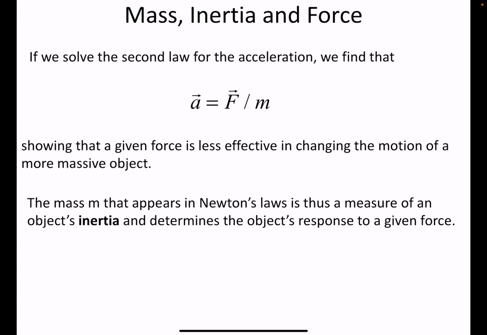If we rearrange the second law to be a equals force divided by mass, you can see that for the same force, a larger mass results in a smaller acceleration. This is why we say mass is a measure of an object's inertia, its resistance to a change in motion.